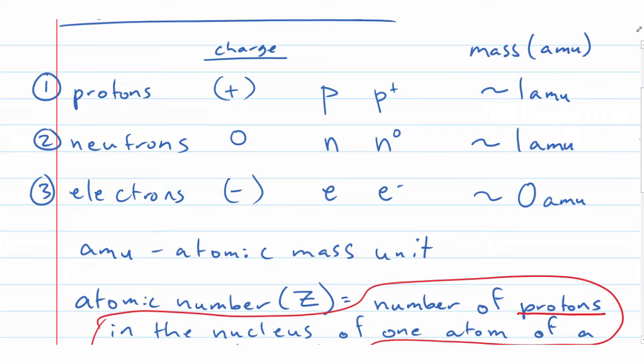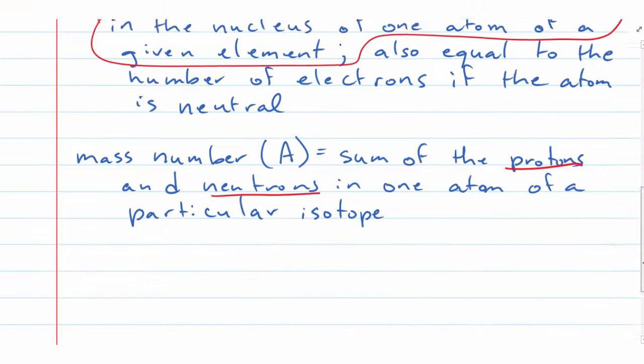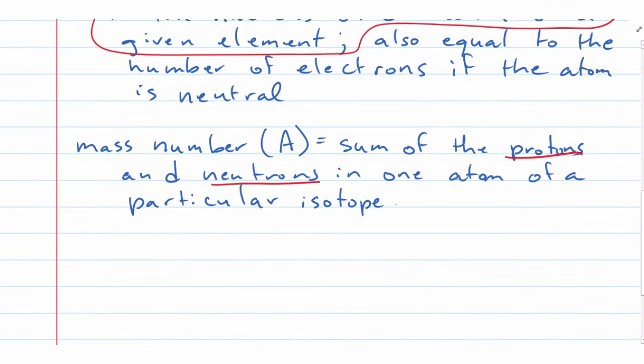So if we know the mass number, let's say that the mass number of an isotope is 18, what that means is that the mass of that isotope is about 18 AMUs. So the mass number is a number of protons and neutrons summed together, and it also represents its mass in approximate AMUs. But in giving this definition, we gave one more word that needs to be defined, and that is the word isotope.